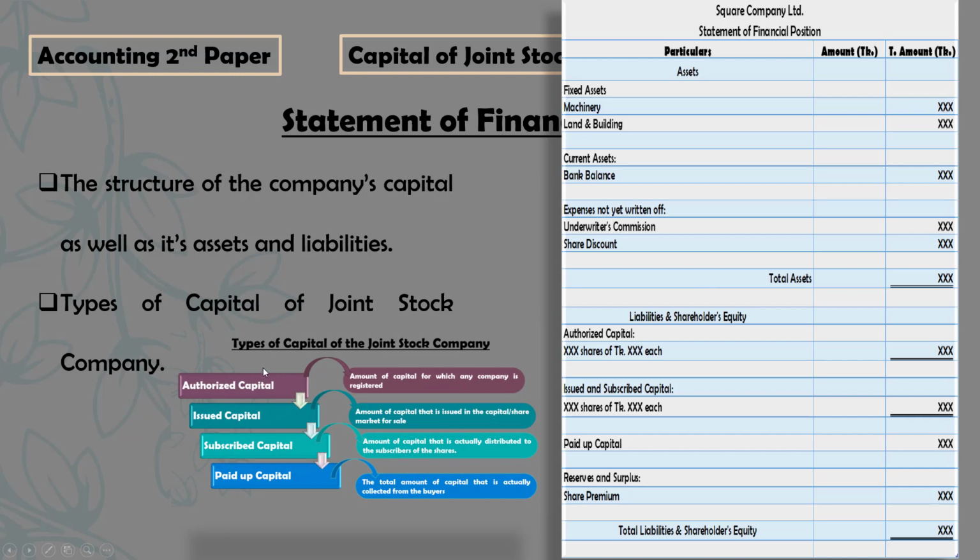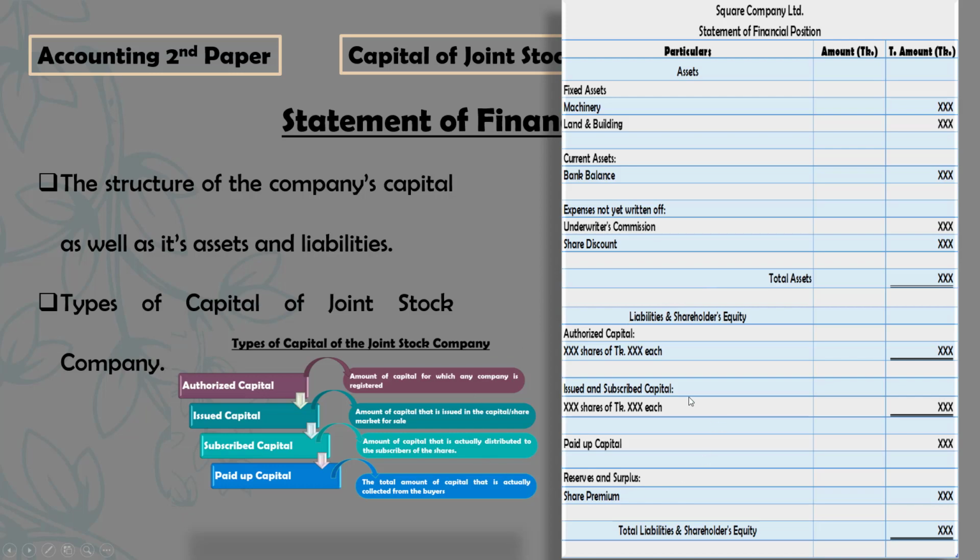There are four types: authorized capital, issued capital, subscribed capital, and paid up capital. See, these capitals are shown in the statement of financial position. We will learn more about this statement in detail next.